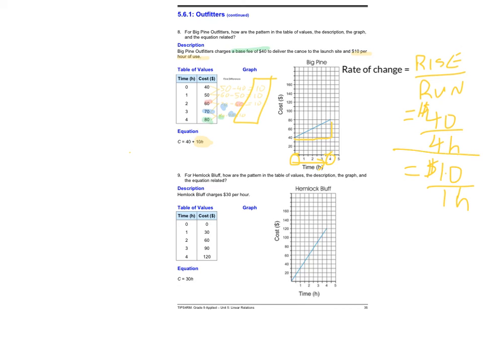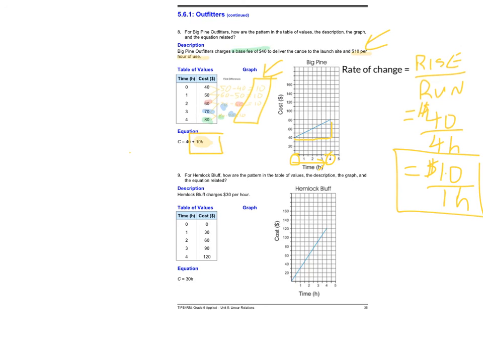So we see that our rate of change is the same as 10h in our equation, which is the same as our first differences and the same as our cost per hour.